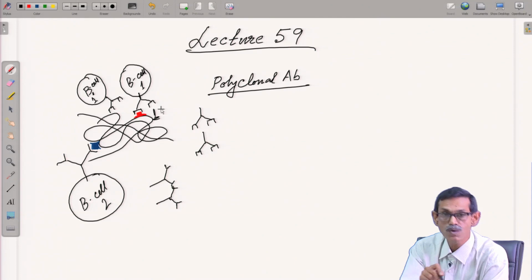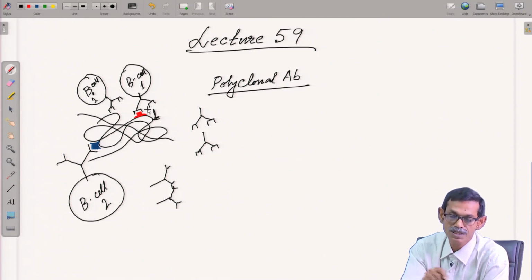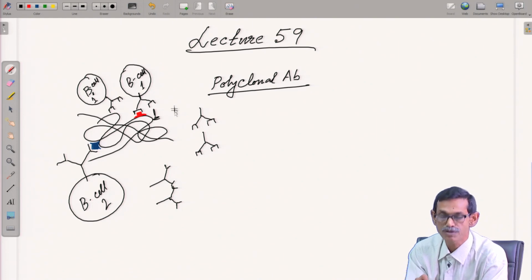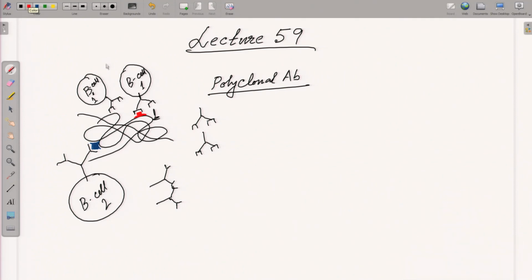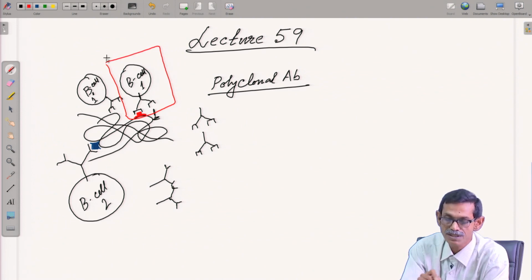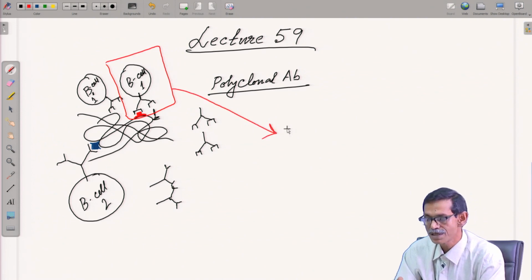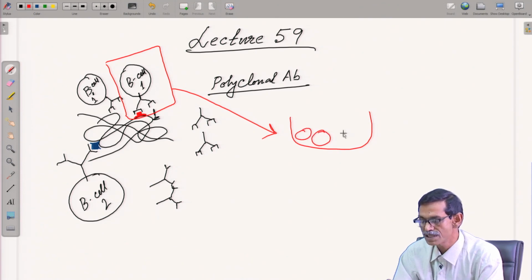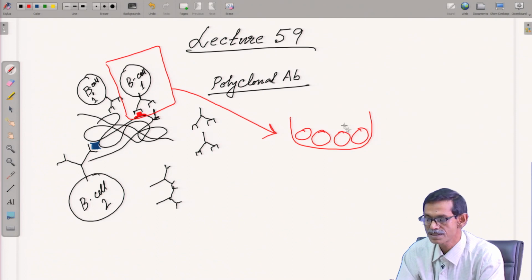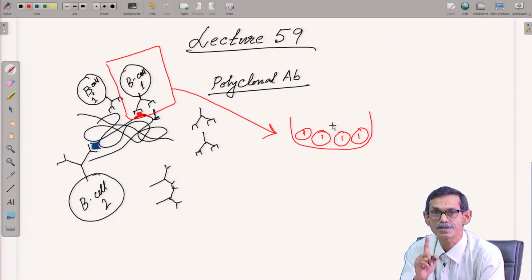Now, suppose there are 4 or 3 such B cells which are producing antibody against epitope number 1. If by any technique we can identify and separate one and grow them in a culture or somewhere where all the B cells are of the same type, say all are 1, then what will happen? It will produce only one type of antibody.